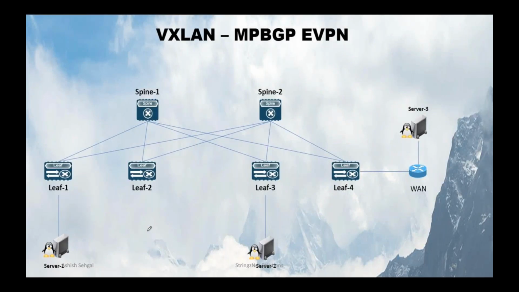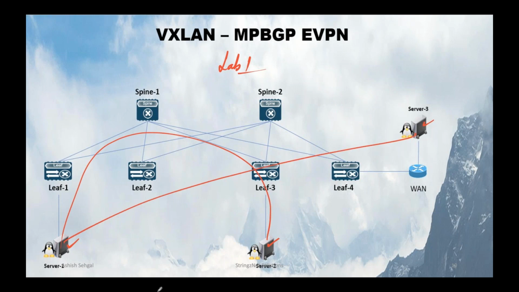And then of course, this is the topology for our lab 1 in VXLAN, wherein you will be provided with 1, 2, and 3 Linux CentOS based operating system servers, and your objective will be to establish a VXLAN fabric between 2 spine and 4 leaf switches, establish communication between them, establish communication with the server 3, which is outside the VXLAN fabric, right?